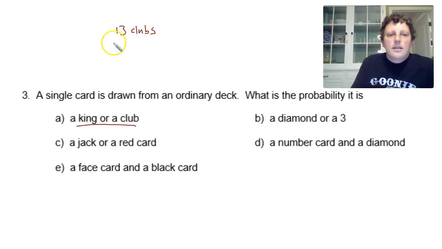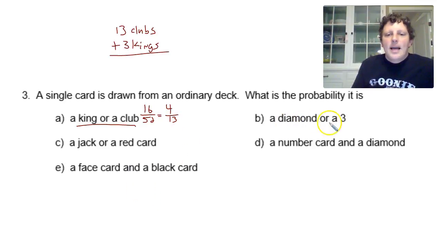Outside of those 13 clubs, there are 3 kings that are not clubs. We've already counted one of the kings, plus 3 more. That makes 16 out of the 52 cards. So that is going to be 4 out of 13, I think.